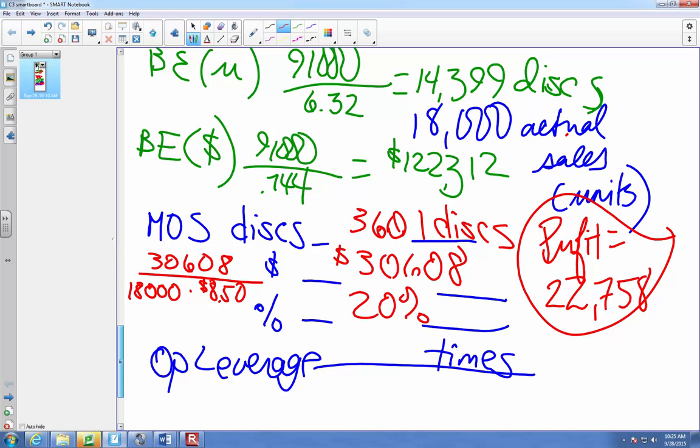So we just figured out my profit, 22,758, right? So see if you can find my operating leverage, and then we'll talk about what we think it means.